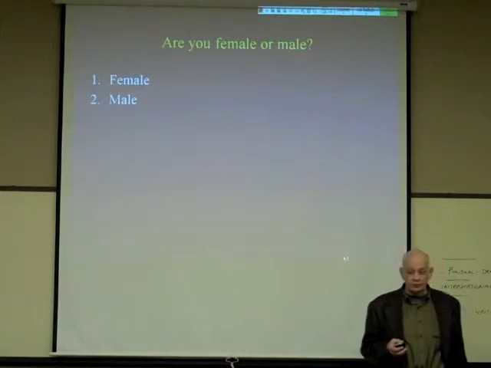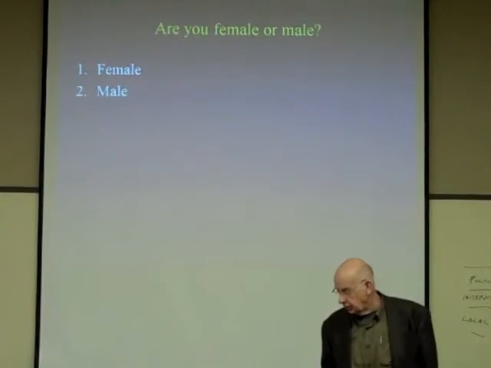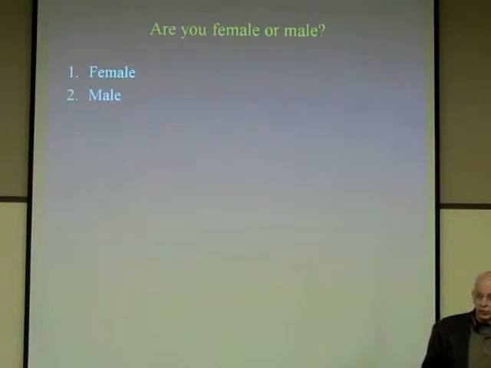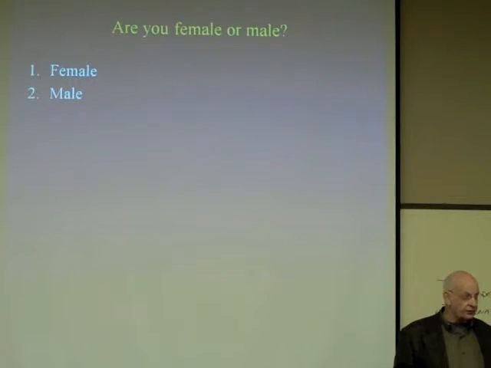Okay, now we're going to use our clickers. All right, so if you all take your clicker, and the first question is a very tough one. Okay, we'll get a little practice. Are you female or male? And I would expect that we will see a large number of ones. Okay, I have 10, 11, 12, 13. We have 13 people.